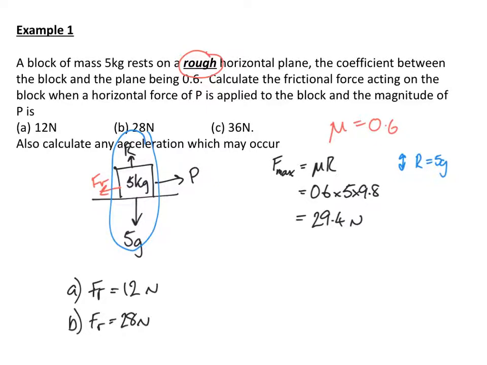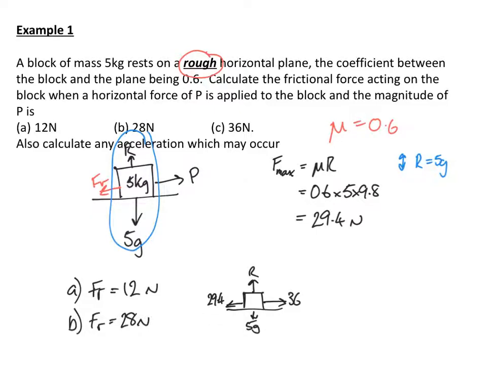However, for the last value, let's just redraw it quickly. We've got R, we've got our 5g. This time we have a force of 36 newtons, and our frictional force, we know, is up to 29.4 newtons, acting at its maximum value here.